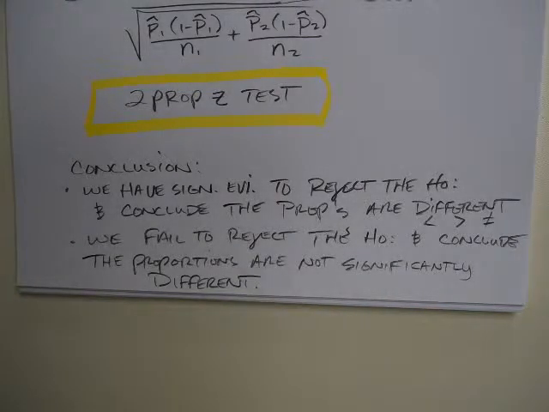Of course, type 1 and type 2 errors still come into play on these. We have significant evidence to reject the null and conclude the proportions are different, or we fail to reject the null and conclude that the proportions are not significantly different. Again, context needs to be put into there somehow. Depends on the problem.